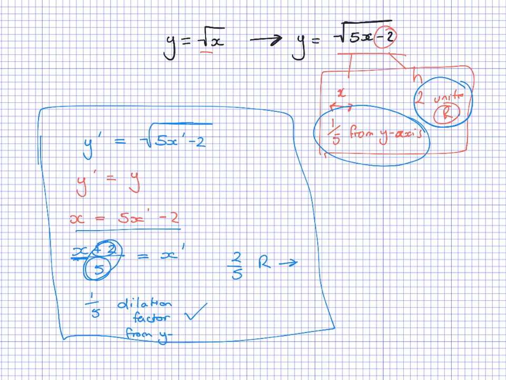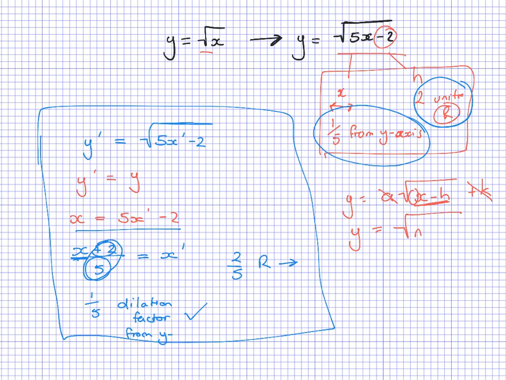So your first point of call is to relook at the function, and you know that the function is, or should be, written in this form, plus k. Now there is no a value at the front, there is no k value at the back. What we're looking at here is x minus h. Now what you may not know is that x minus h cannot have a coefficient in front of the x. If there is, you have to make sure that you factorize it out.